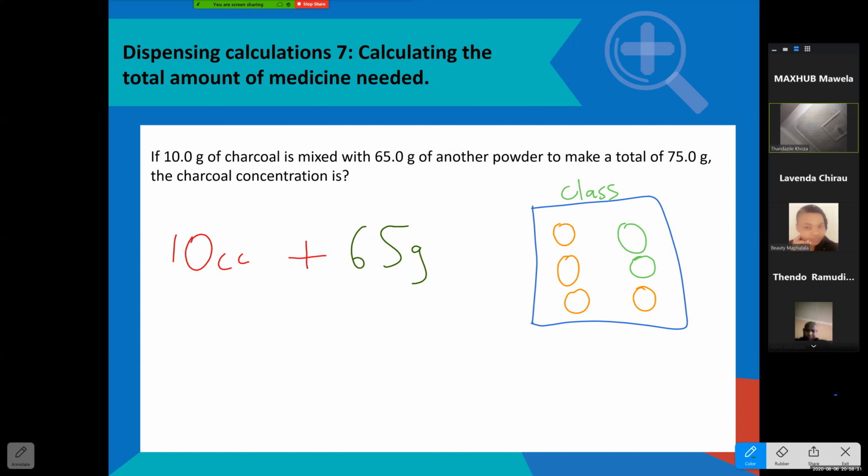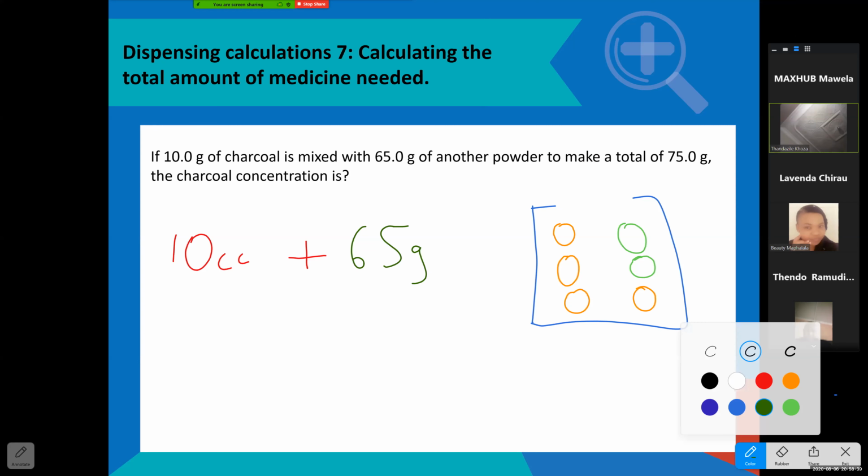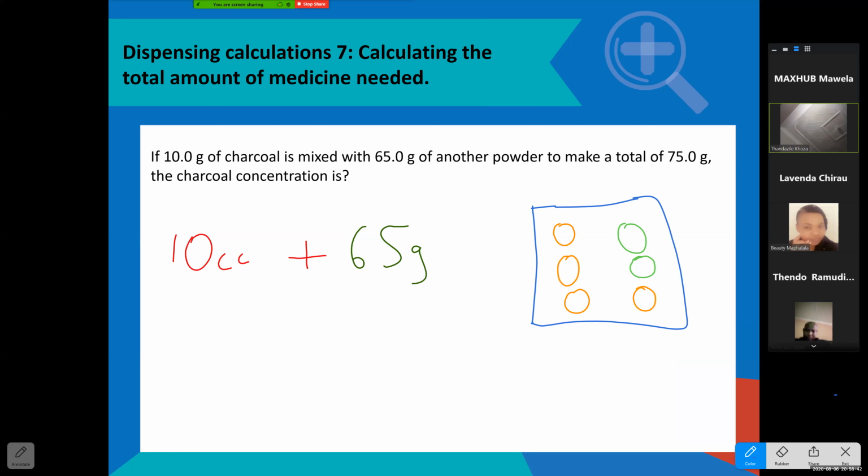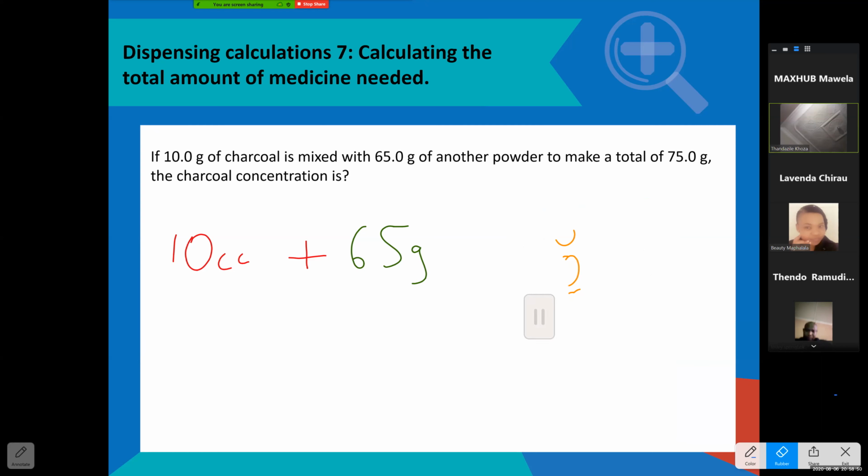To make it easy for you, so that you don't forget my example, this class of ours, do another new one. Don't forget this class. This class is very important, because if you forget the class, you'll have problems. So here's our class again.